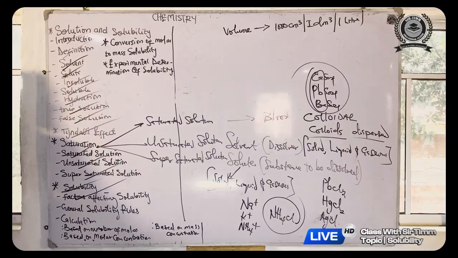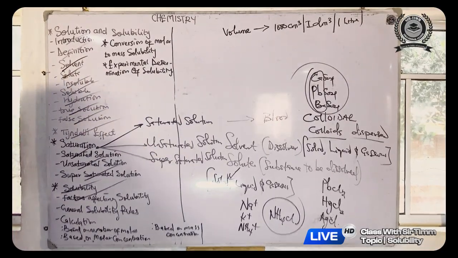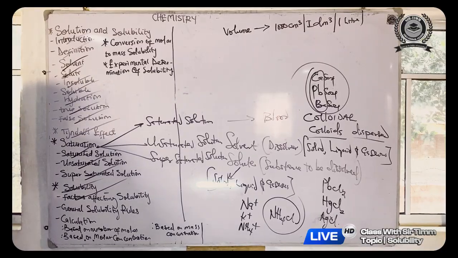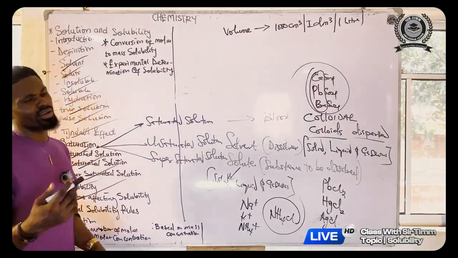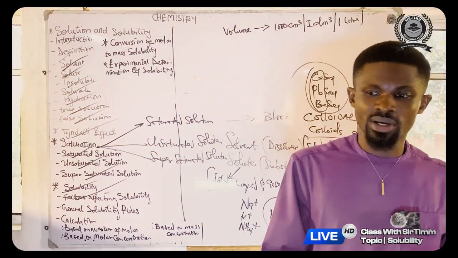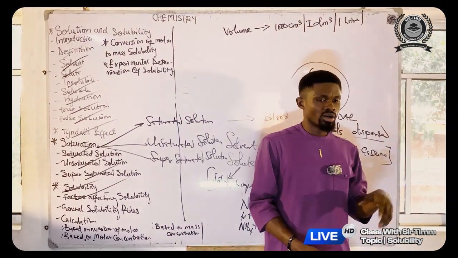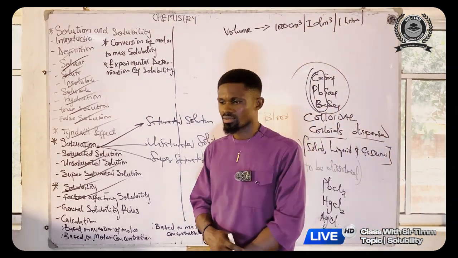Okay, let me give you the last one. Most sulfides, phosphates, and carbonates are insoluble. Now think about it. Give me examples of carbonates.